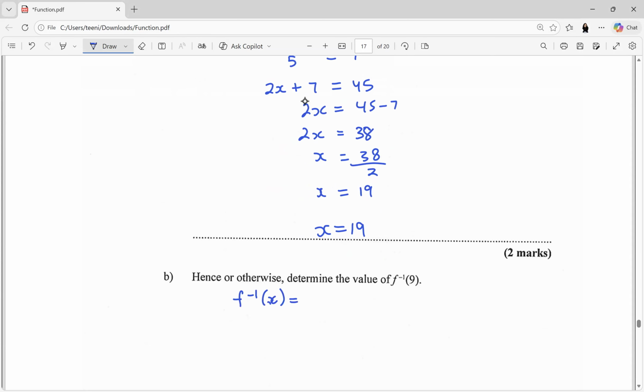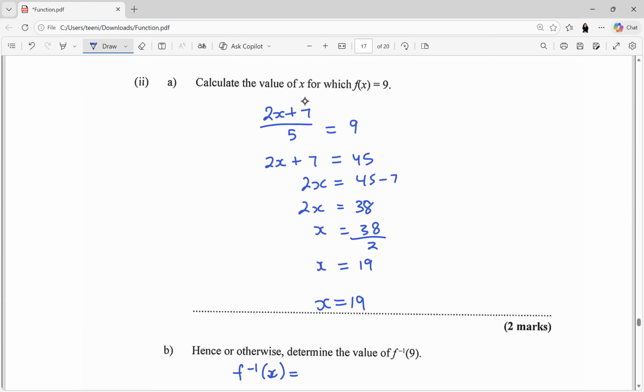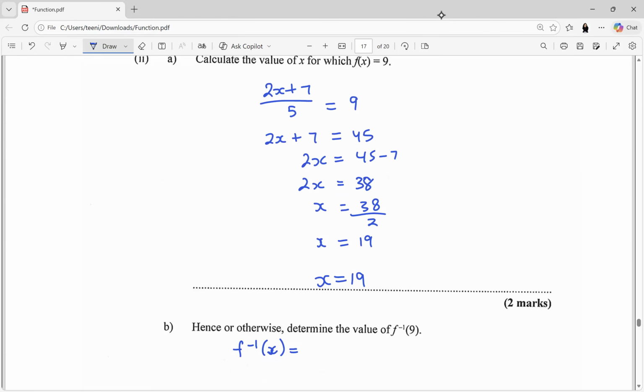Of course, you could work it out, but just looking at it, I can determine the inverse, because the inverse is literally the opposite of all these operations. So to get 2x plus 7 divided by 5, backwards will be 5x minus 7 divided by 2, right?